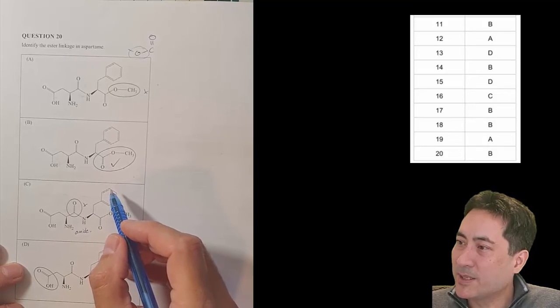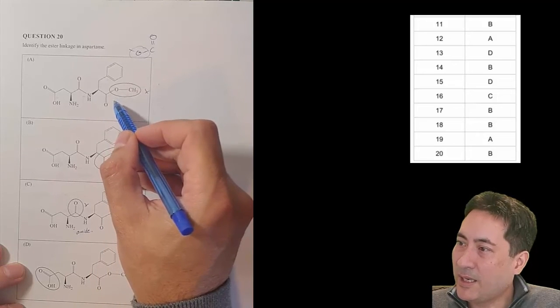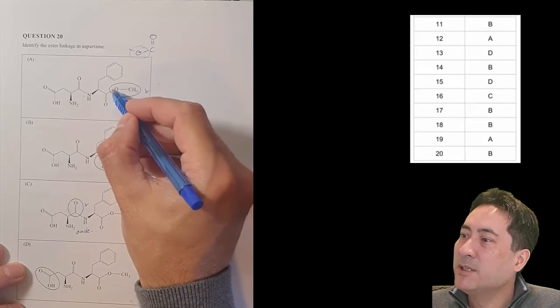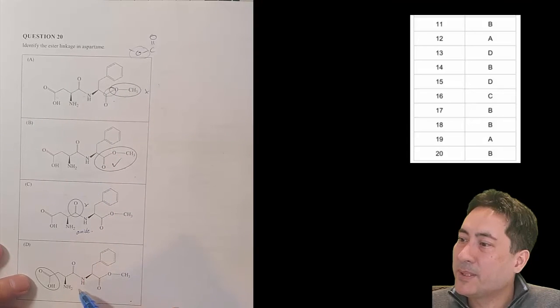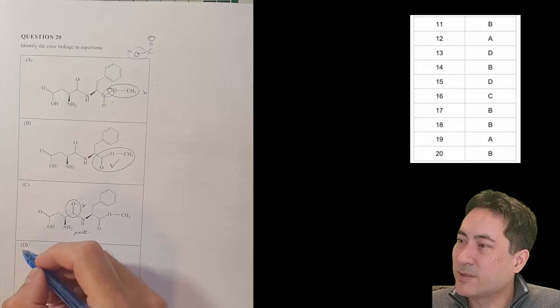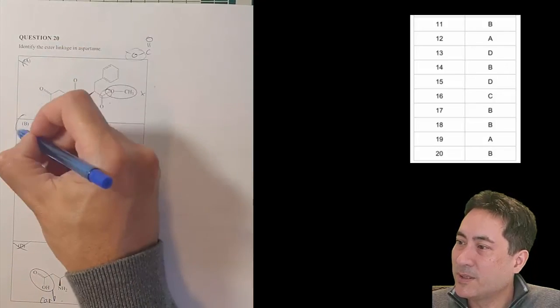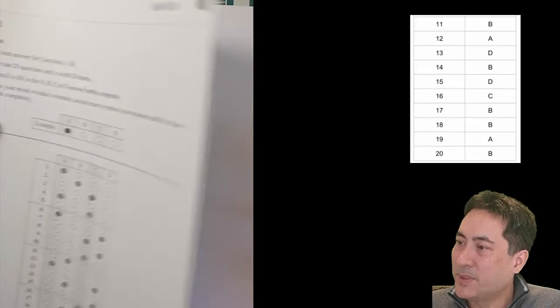And D's got a carboxylic acid, so they're way out of the picture. This A is a reasonable distractor, but it hasn't got both functional groups in there, so it's sort of off to the side a little, and it's not encompassing the whole thing. So definitely B is the better answer.